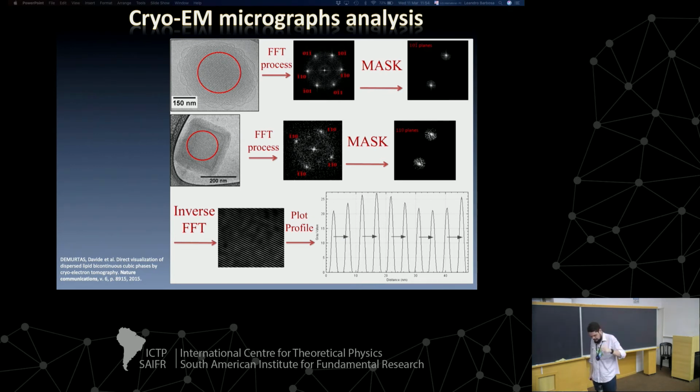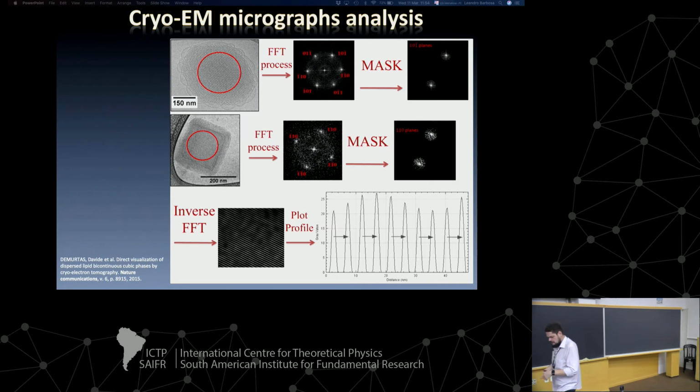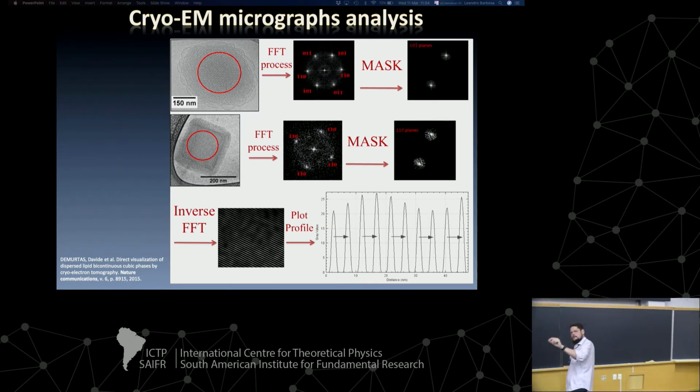how can I say, some image modeling or something like this, and try to get some very specific peak positions, and we are able to get some repetition distances, and also the lattice parameter of any particular cubic structure that we have in our image.